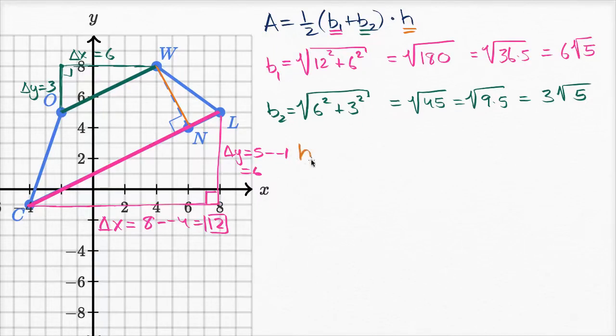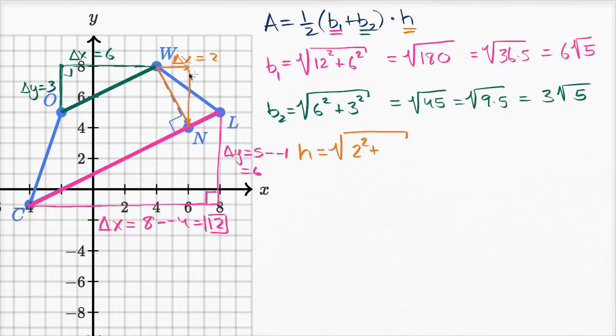So h is going to be equal to, if we're going from W to N, our change in x is 2. We're going from x equals 4 to x equals 6. If you want to do that purely numerically, our endpoint x value is 6, our starting point x value is 4, and 6 minus 4 is 2. You see that visually here. So it's going to be the square root of our change in x squared plus our change in y squared.